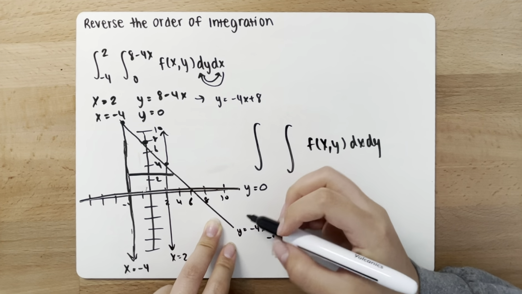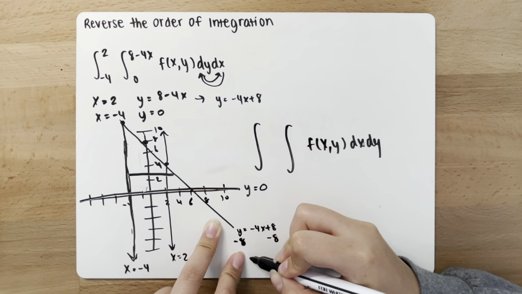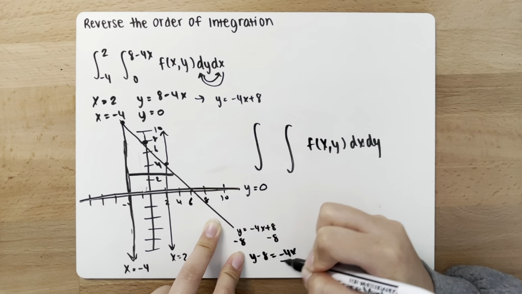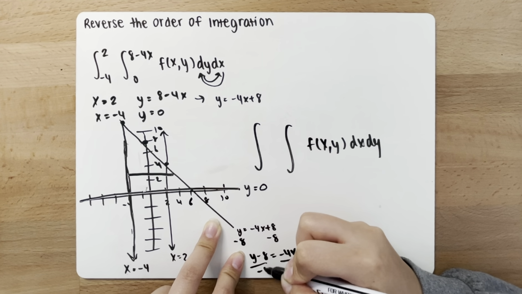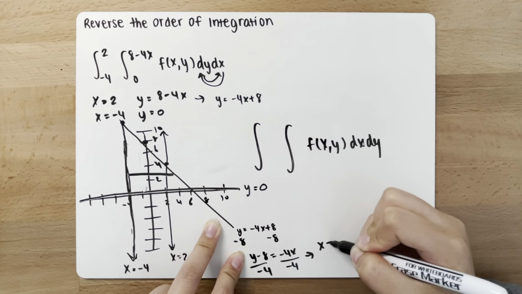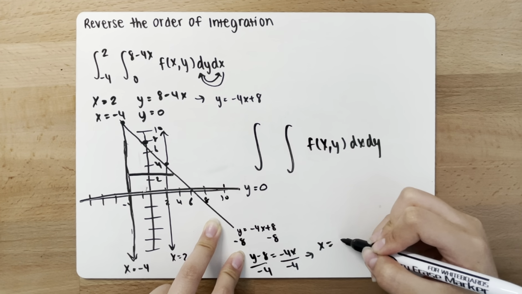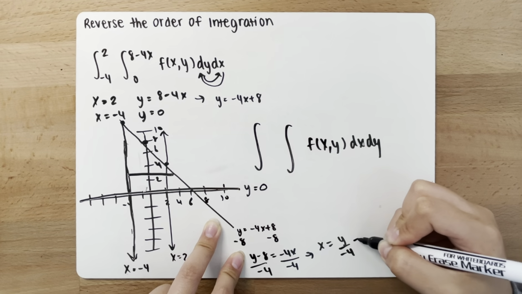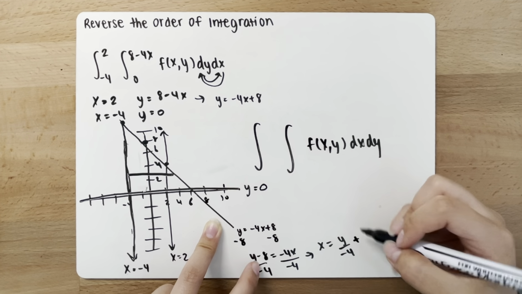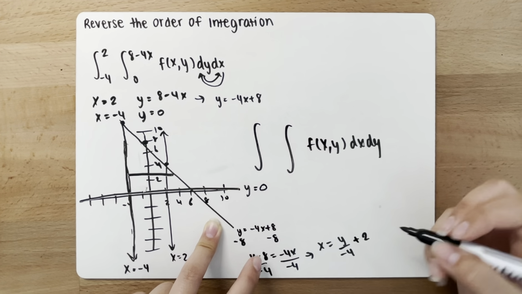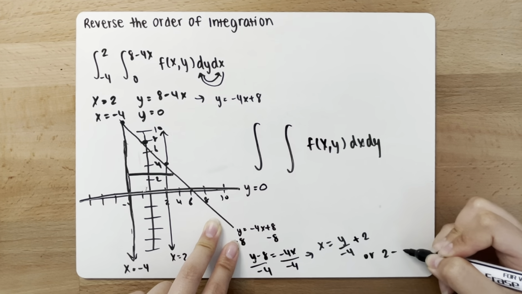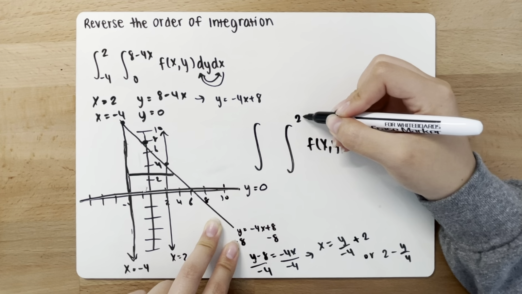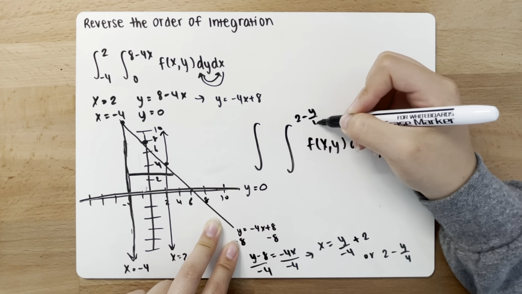You subtract 8 on both sides, you get y minus 8 equals -4x, and then divide by -4 on both sides. Therefore, you have x equals y over -4 plus 2, or 2 minus y over 4. So here you could write down 2 minus y over 4.